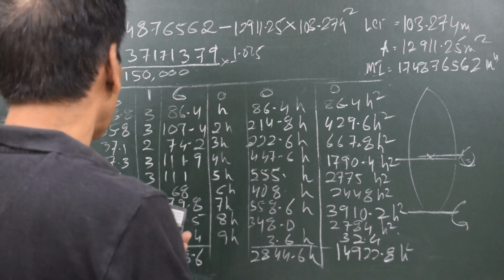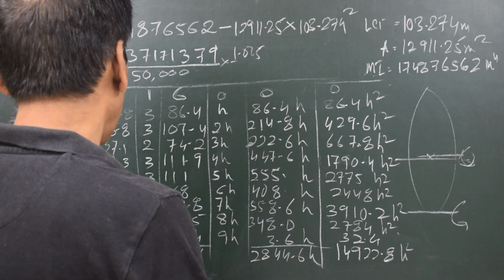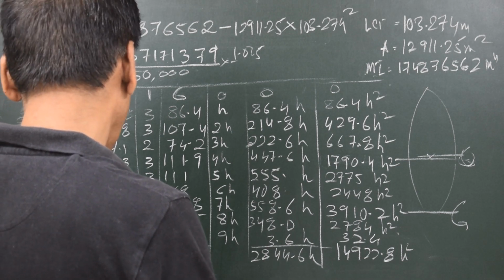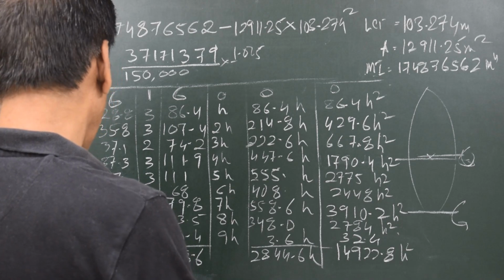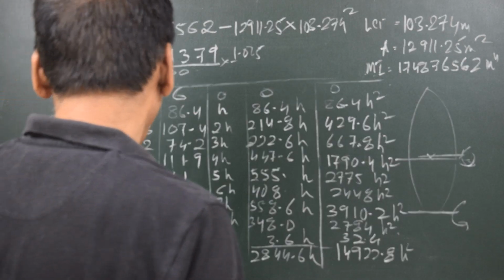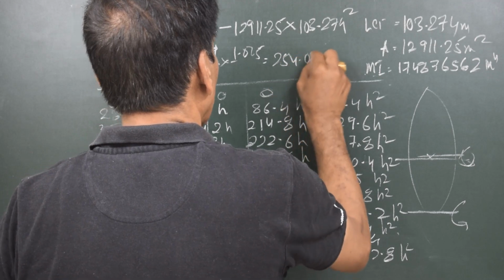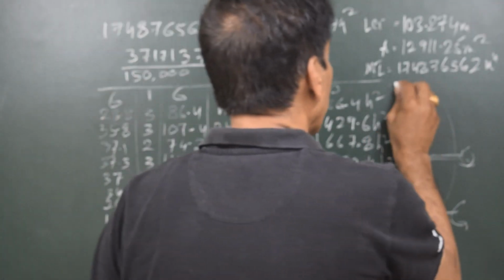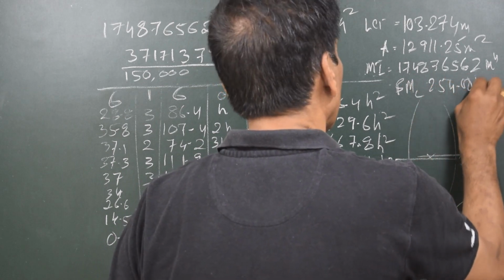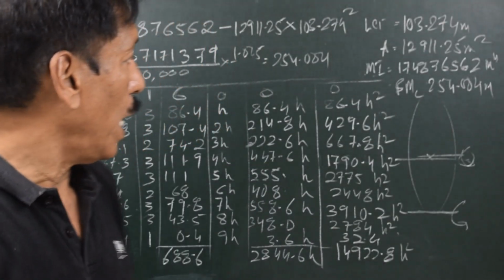So it becomes 37171379 into 1.025 divided by 150,000 gives me 254.004. So BM longitudinal is equal to 254.004 meters. So we've got the BM longitudinal for the ship as 254.